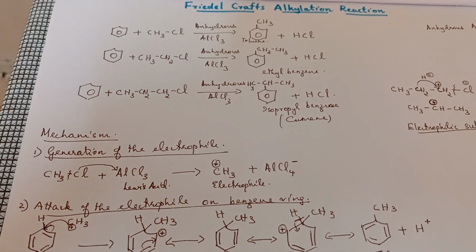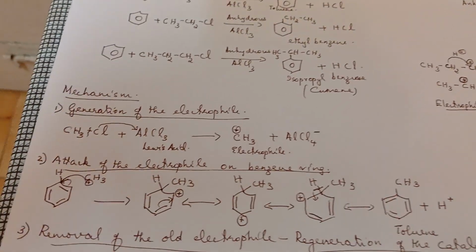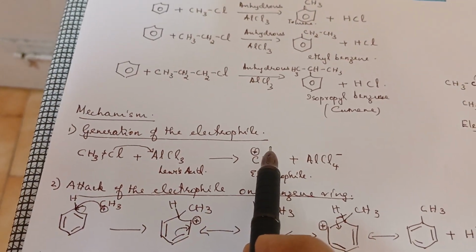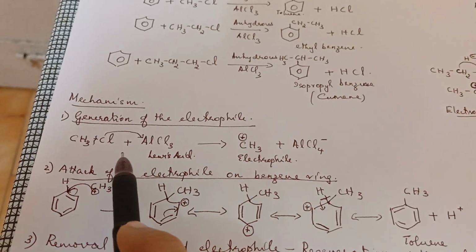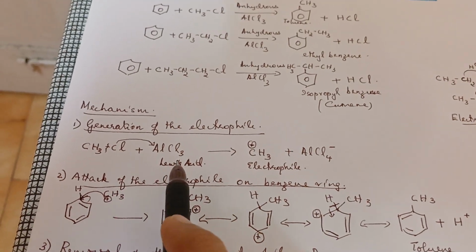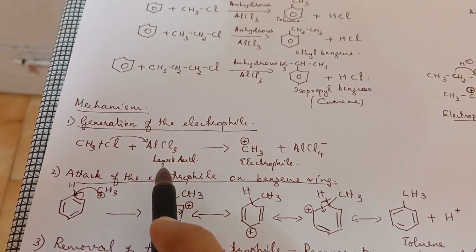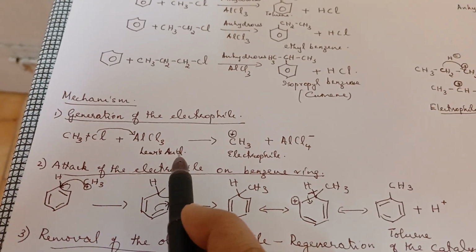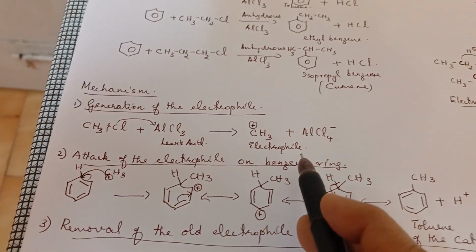So the reaction is electrophilic substitution reaction. The first step is generation of the electrophile. That happens when the reagent CH3Cl is reacting with the catalyst AlCl3. It is coming in contact with the catalyst and you are getting the electrophile.